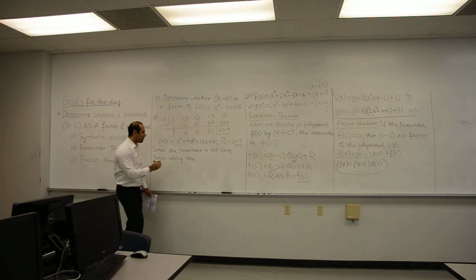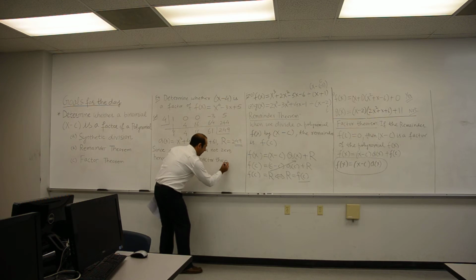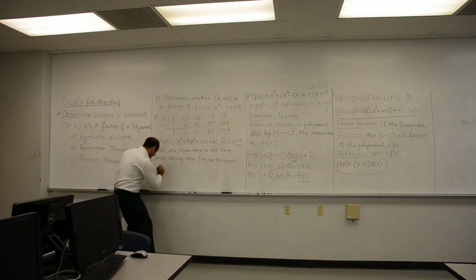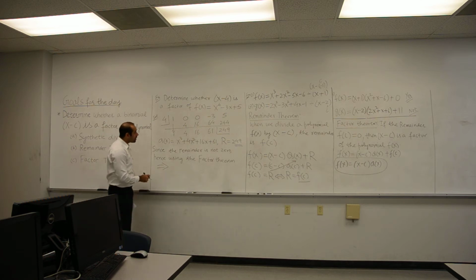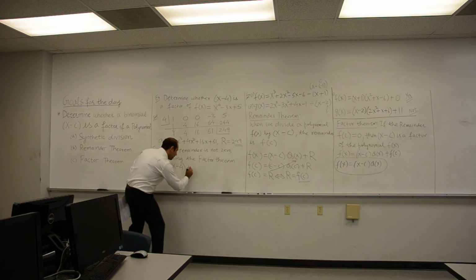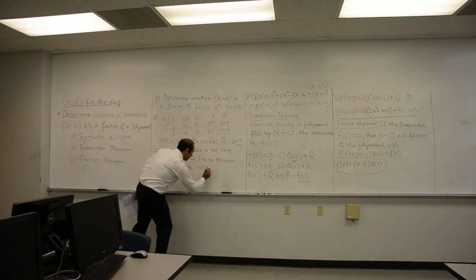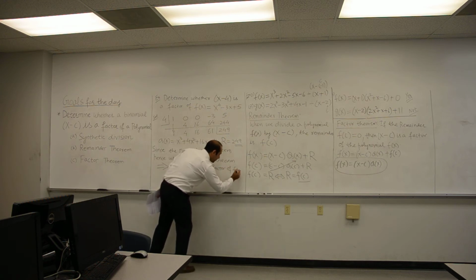So hence, using the factor theorem, it implies, so this is the symbol for implies, or we can simply write implies, but in mathematics we usually like to use this symbol. This implies that x minus 4 is not a factor of the polynomial.